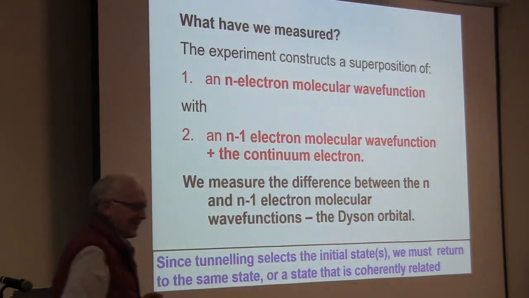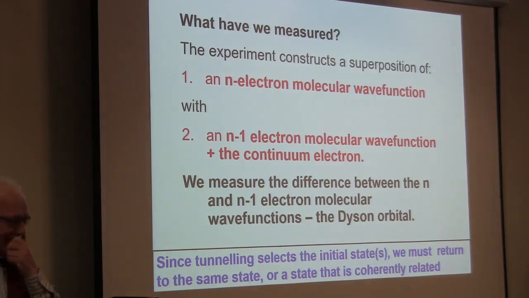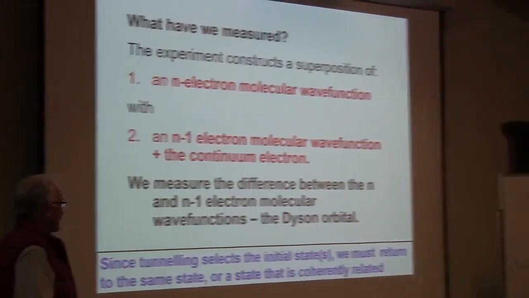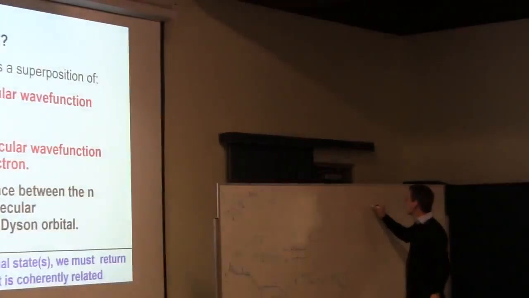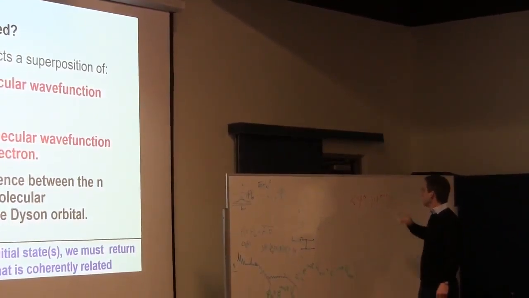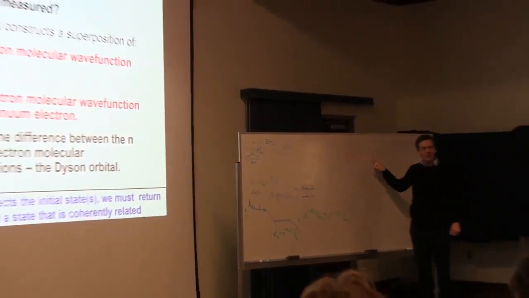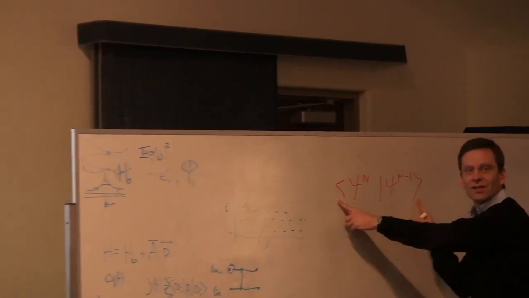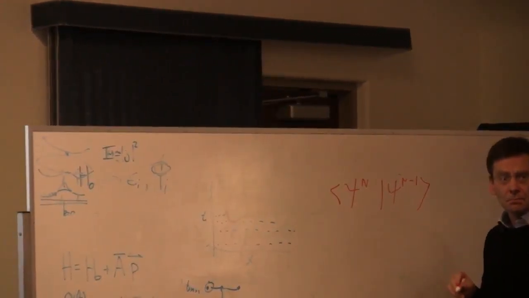Okay, I got the right person. If the marker works. So we have an N-electron wave function and an N minus 1 electron wave function, and this symbol here means integrating out N minus 1 electrons.